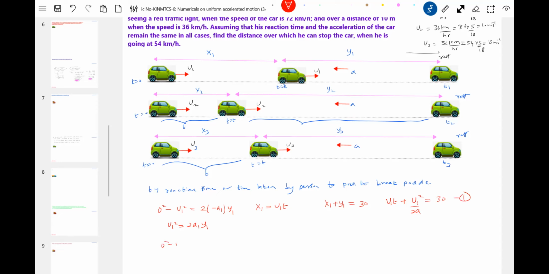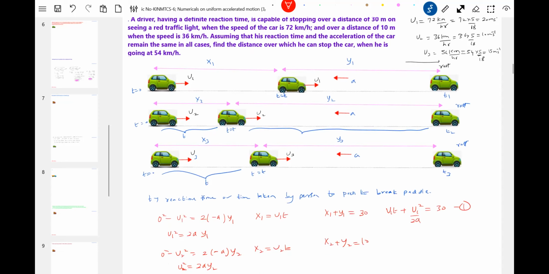Similarly, 0 square minus U2 square equal to minus 2A Y2. The retardation is the same in all the cases. And X2 is equal to U2T. So solving this, we'll get U2 square is equal to 2A Y2. So X2 plus Y2 is equal to how much? 10. It is given data. So therefore, what is X2? U2T. What is Y2?